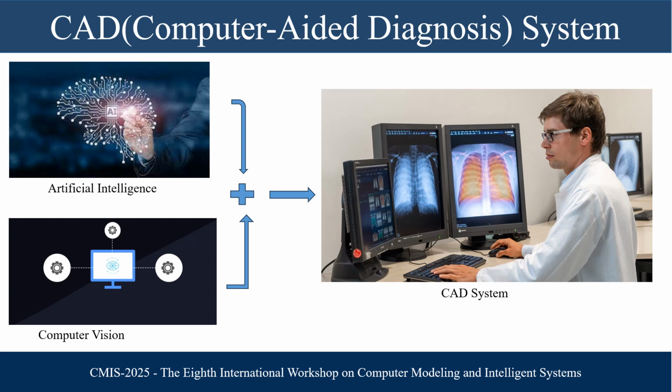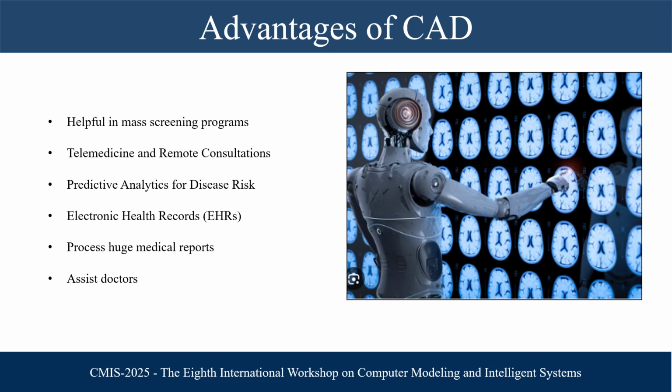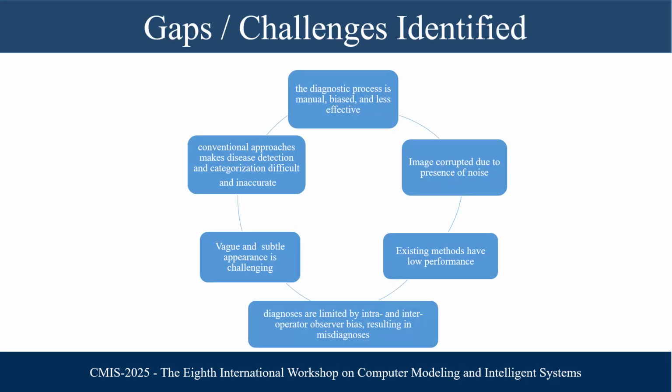Then we are able to generate a CAD system for the automated diagnosis of lung diseases. What are the advantages of CAD? CAD helps in mass screening programs, generating electronic health records, telemedicine and remote consultancies, processing huge medical reports, predictive analytics for disease risk, and also assisting the doctors.